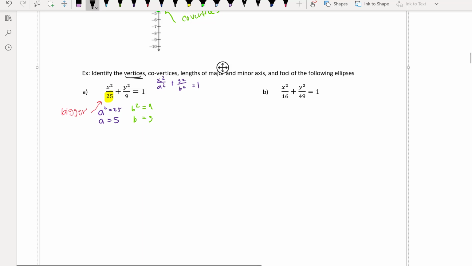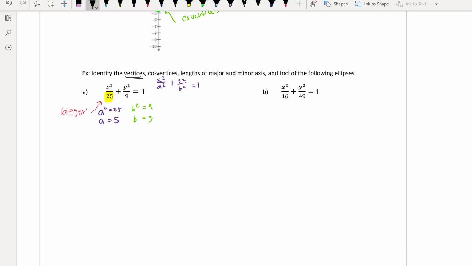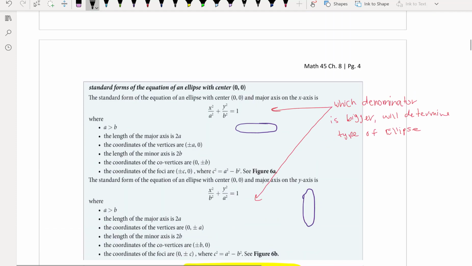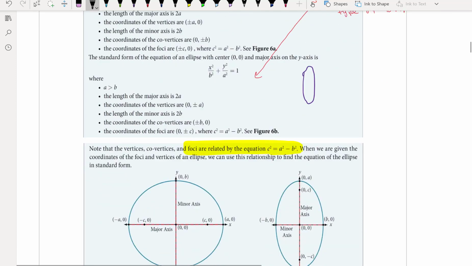Let's even look back at your chart. Since this denominator is bigger underneath the x, I know that I'm looking at this first equation. To look at the vertices, it says that it's plus or minus a, comma, 0.